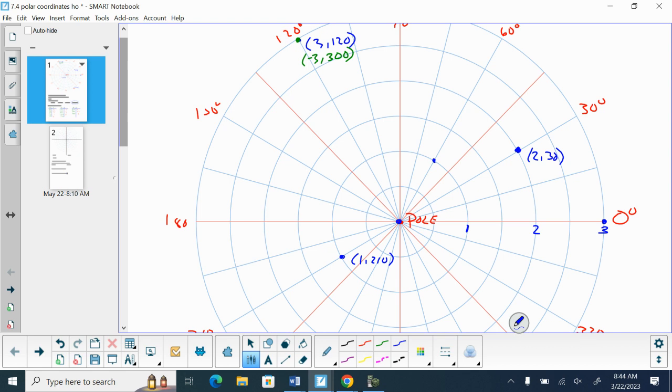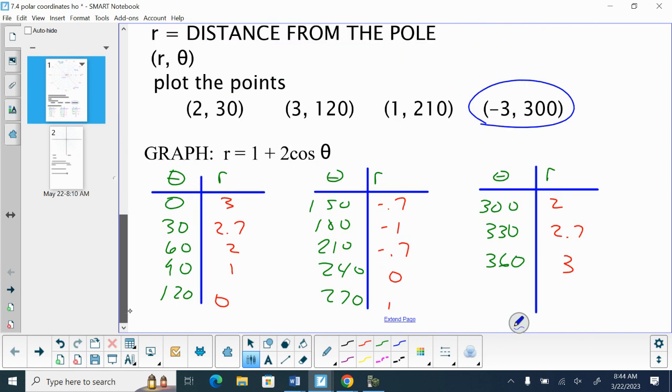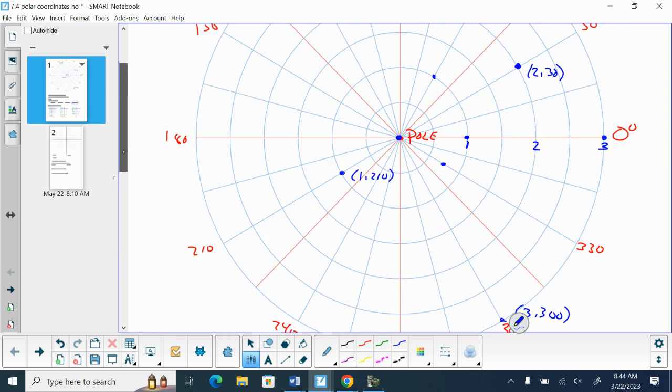At 120, we're negative 0.7. Let's see, I botched that up, didn't I? At 90, we're at 1.